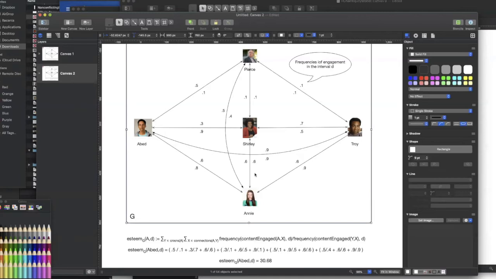I thought until now your explanation for relative esteem, just taking the direct connections, was that it's a matter of how often would Annie listen to Abed versus Pierce. Sure. And that's what these numbers are. These are the frequencies.